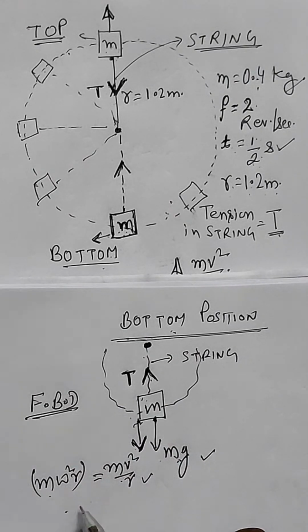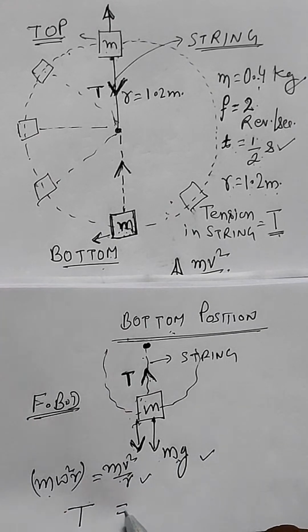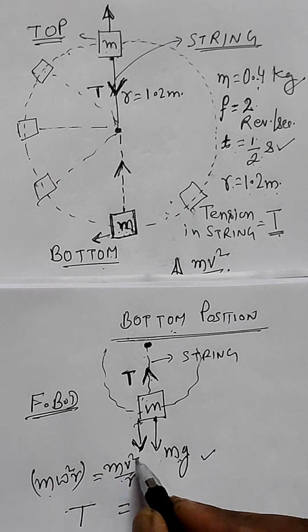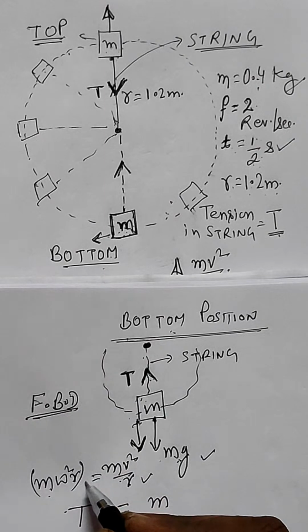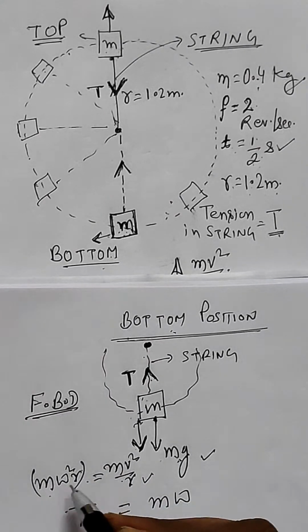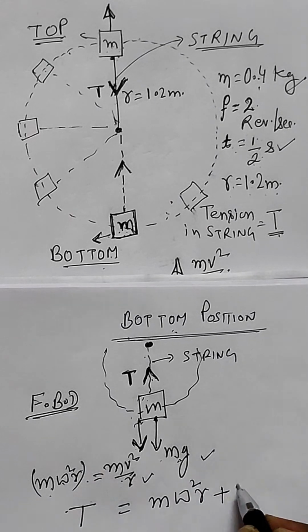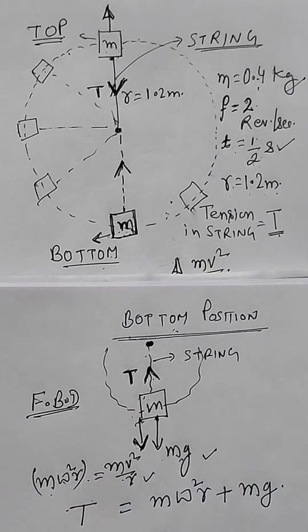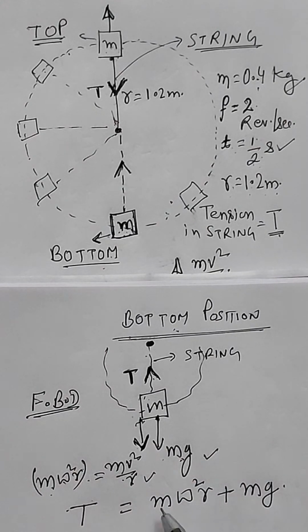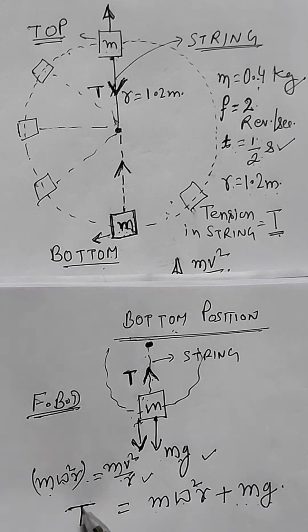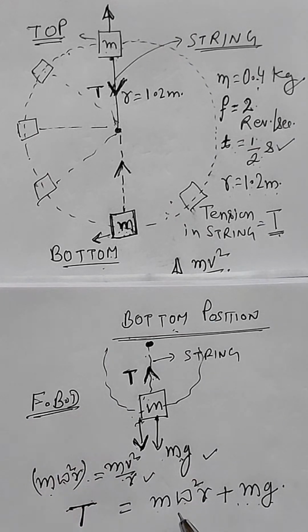So T equals mv square by r or m omega square r, you can write either. Since we have derived omega, we will write T equals m omega square r plus m into g. This will give you the tension in the string at the bottom position.